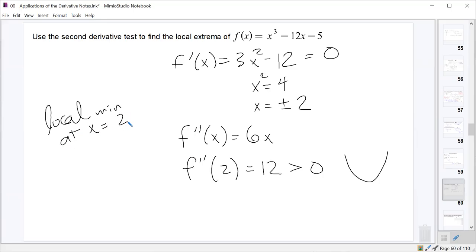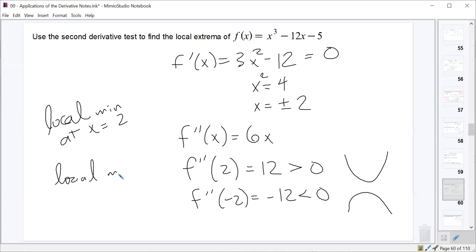And if I plug in negative 2, we get negative 12, which is less than 0, telling us the function is concave down, telling us we have a local max at x equals negative 2.